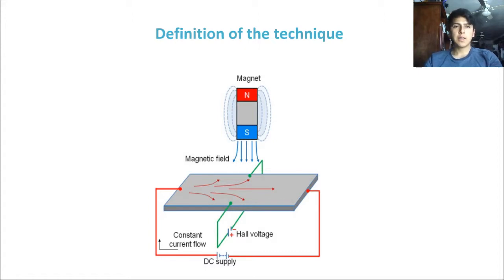By measuring the potential difference in the two surfaces of the material, it is possible to deduce the sign and the density of the charge carriers, presenting a linearity between the magnetic field and the Hall resistance. Using a method, we can determine the properties of the material that is being measured.